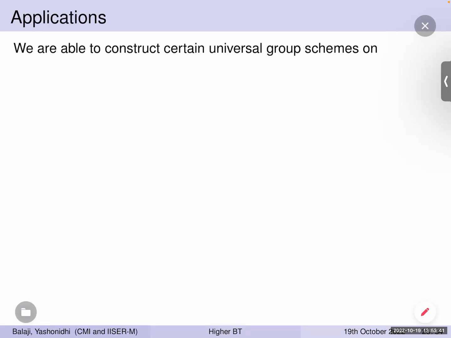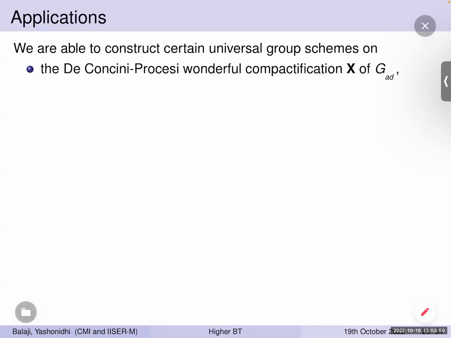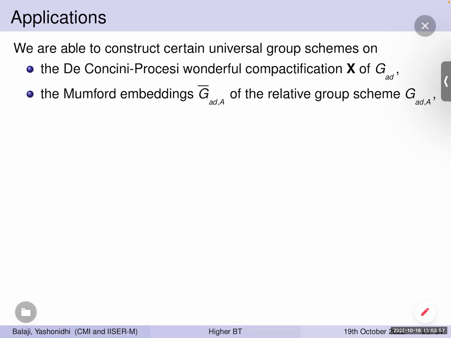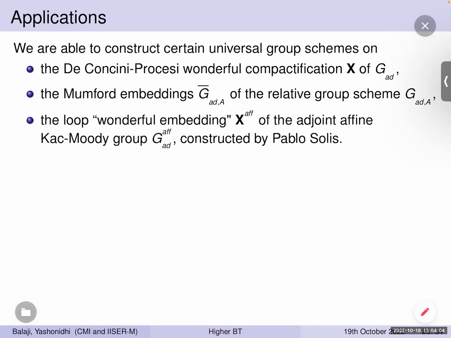Now I'll talk a little bit about applications. We are able to construct certain universal group schemes on several spaces which are quite similar. The De Concini-Procesi wonderful compactification of G-ad and the Mumford embedding G-ad bar of the relative group scheme G-ad A. The loop group wonderful embedding X_AF of the adjoint affine Kac-Moody group G_F-ad constructed by Pablo Solis.